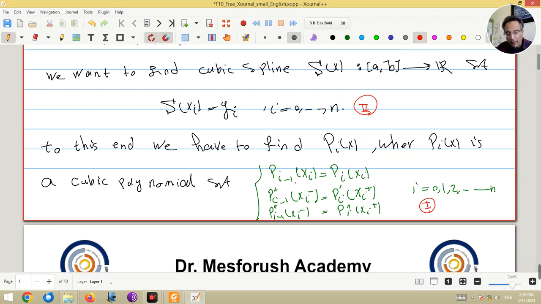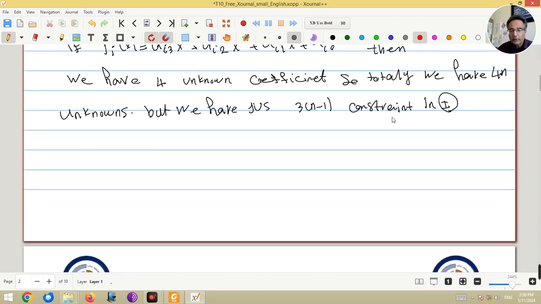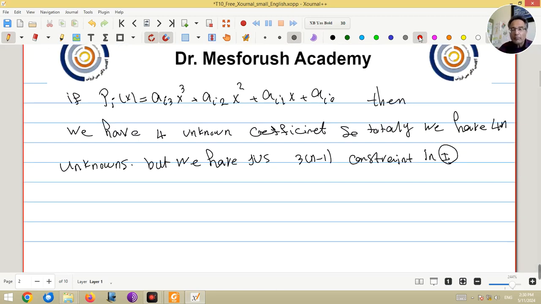We have 3 times n minus 1 conditions here and n plus 1 conditions there. So we have 3n minus 1 constraints in condition 1 and n plus 1 constraints in condition 2.